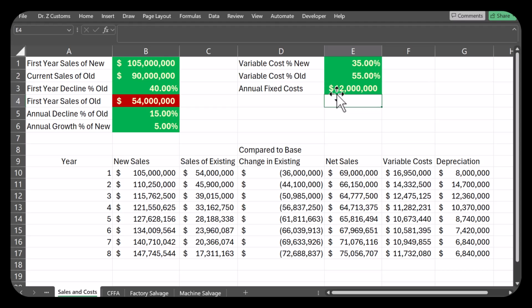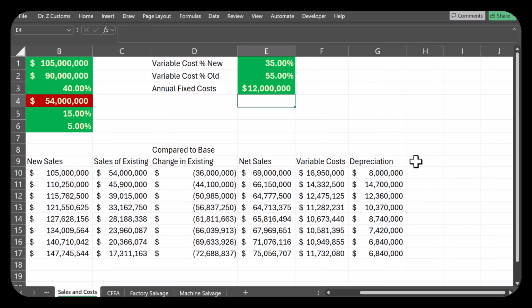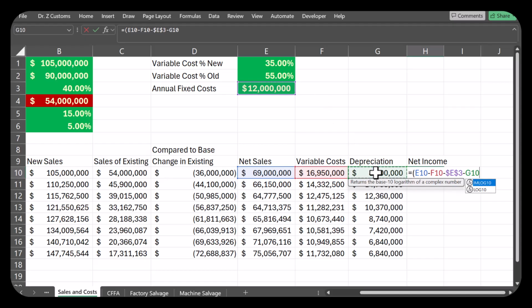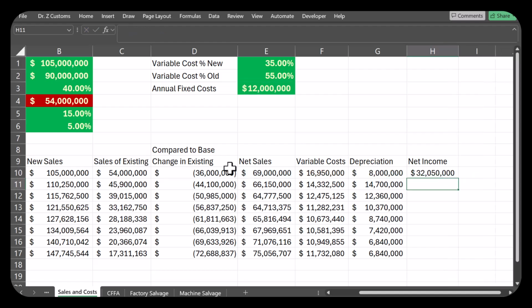So I can calculate net income, which is net sales minus variable cost minus annual fixed cost. I'm gonna fix that one minus depreciation. That's income before taxes.